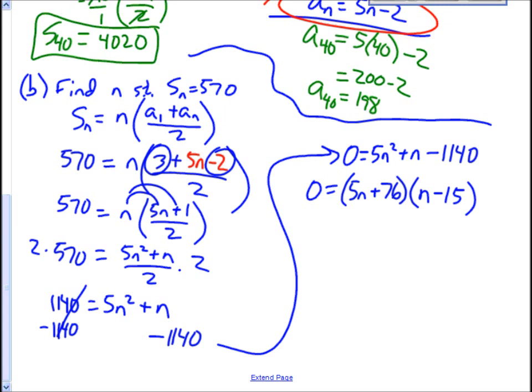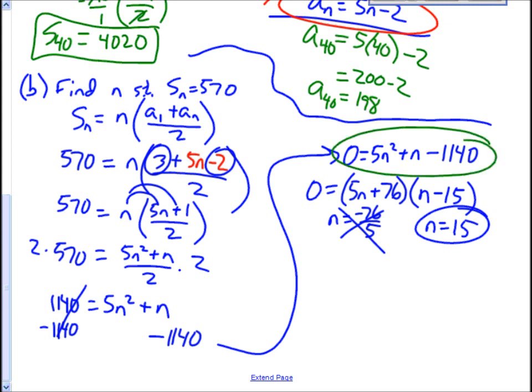And then you solve each of those, so your n is 15 from this one, and then your n is actually negative 76 over 5 from that one. Well, you can't have a negative 76 fifths term. So it ends up being 15. Frankly, if I was doing this, I would have just plugged this into the quadratic formula.